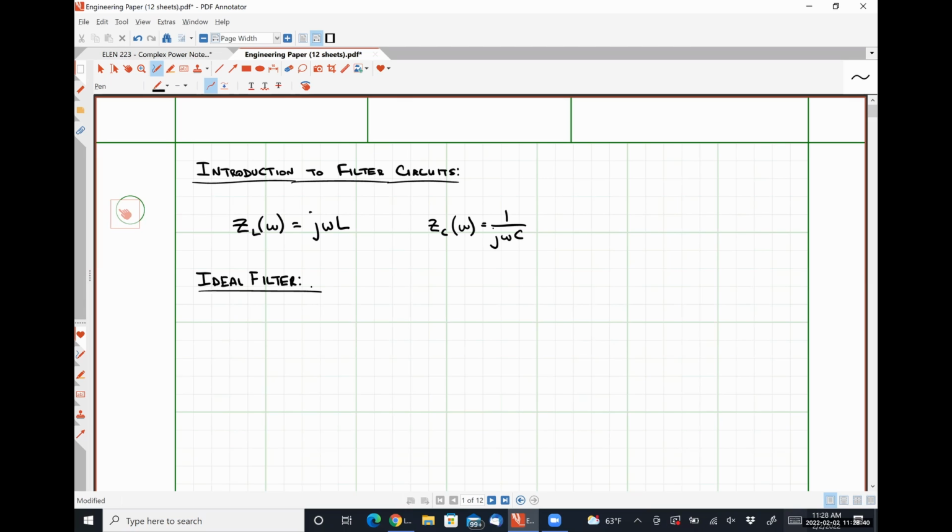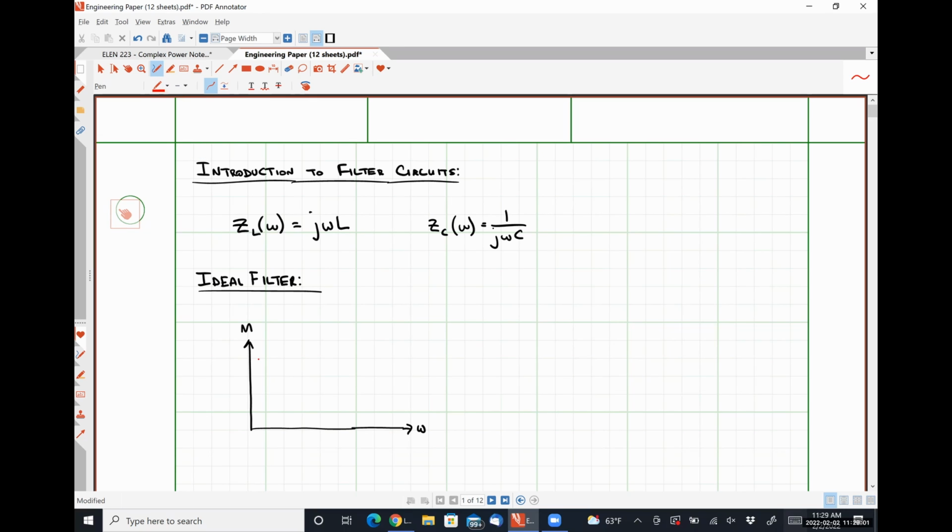So the first one that we're going to look at, this is going to be our magnitude plot as a function of angular frequency omega.